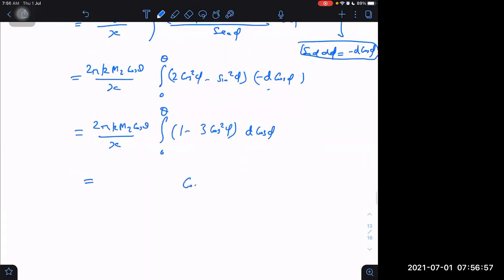Then we are getting cos phi minus 3 cos cube phi by 3, from 0 to theta. So it will finally be 2 pi k and 2 into cos theta by x.